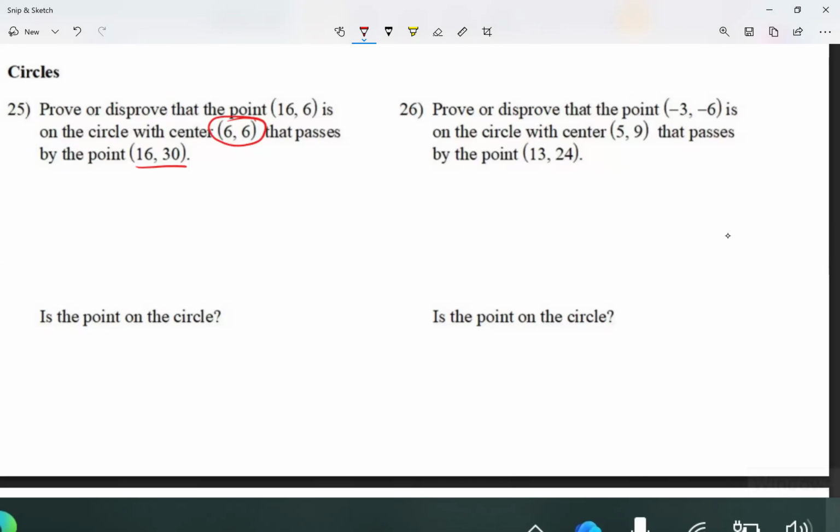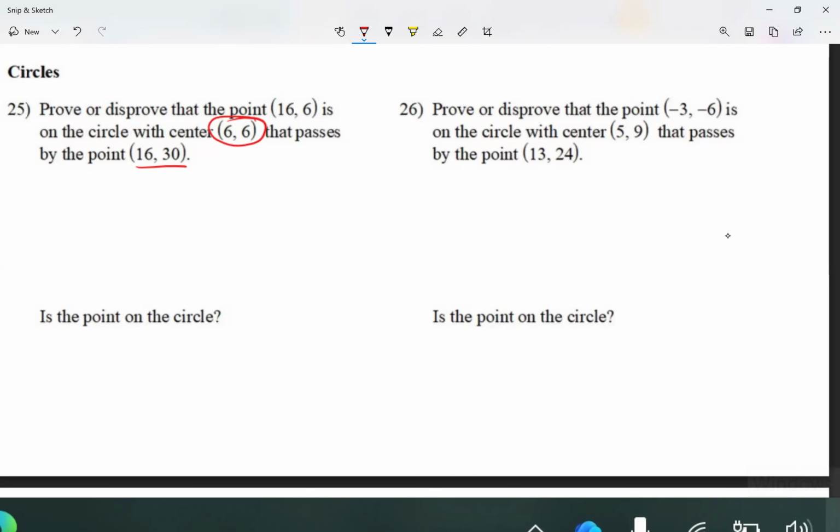I can draw the circle. And then it's asking me to check, is the point (16, 6) on the circle or not? So it says prove or disprove that the point is on the circle, right? Prove if it is or disprove if it's not. So this is one thing I'm gonna do. First of all, I'm gonna find out, because I know the distance between the center and any point on the circle is basically the radius, right? And the radius is the same.